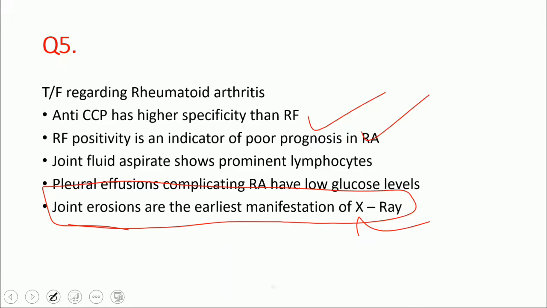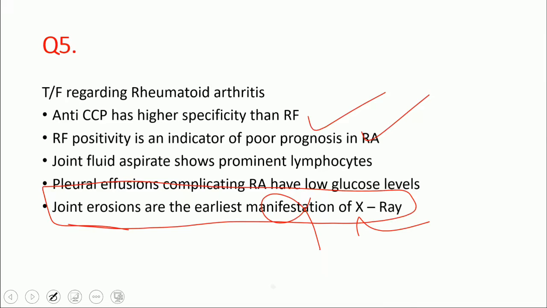So when you're investigating a patient with rheumatoid arthritis, obviously we've talked about the CCP, rheumatoid factor positivity. What does that mean? When you do an X-ray, the earliest changes are, one is slight widening of the joint space with bony sclerosis around the joints. Then you get the erosions.